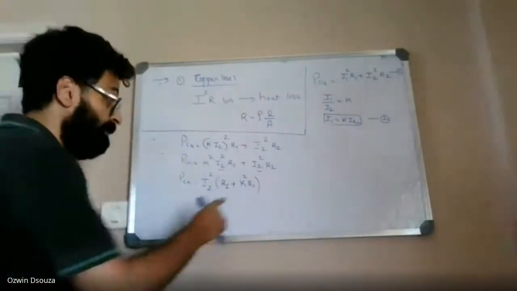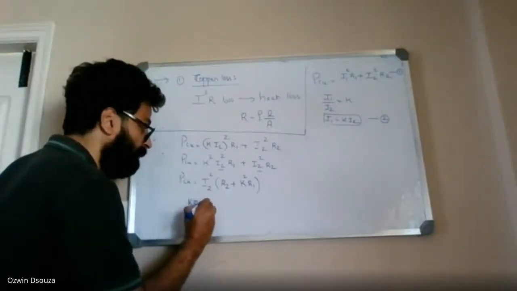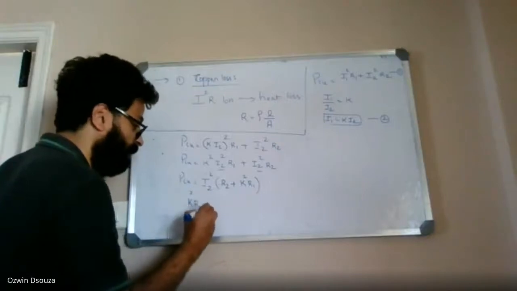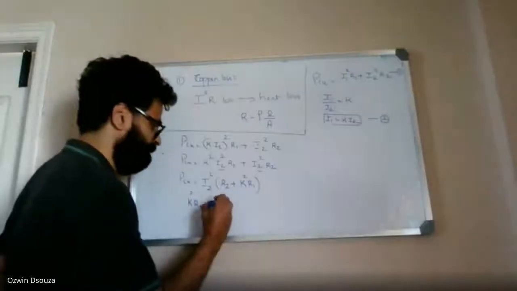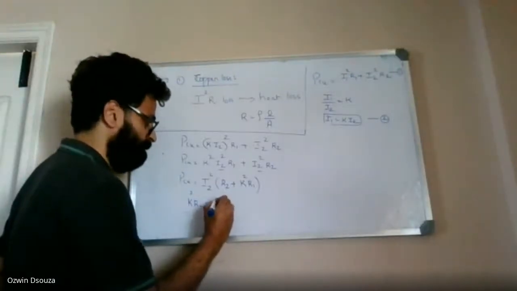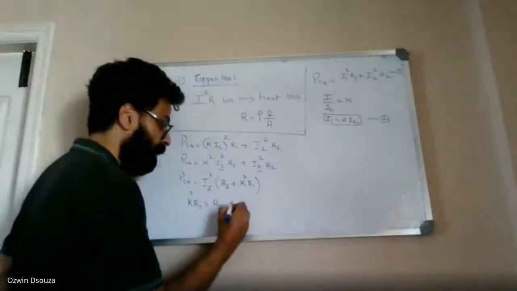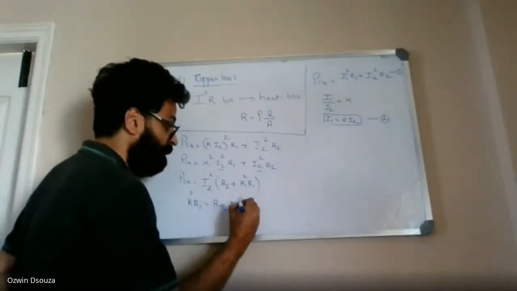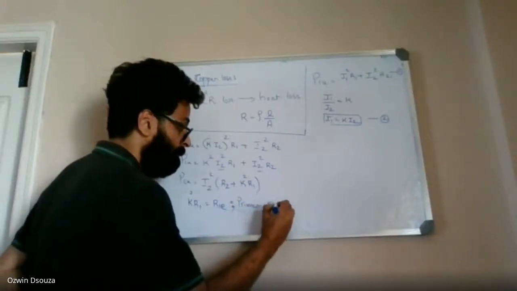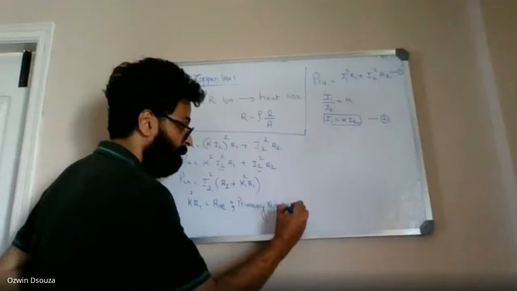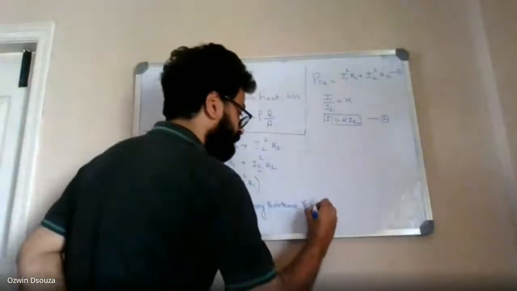Now, the product K square into R1 is basically taken as R1E, where R1E is called the primary resistance referred to the secondary.